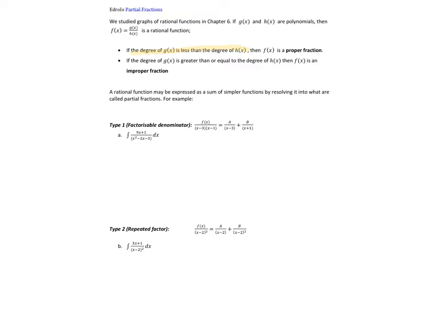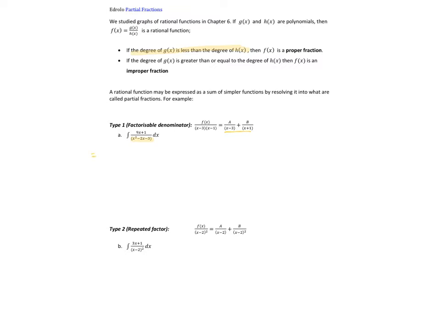So for those that are already proper fractions, it's all about the nature of the denominator. If our denominator is easily factorizable, we can split it up into linear factors. Then it will break up into a over x plus a plus b over x plus c sort of thing, as two linear factors, all right?